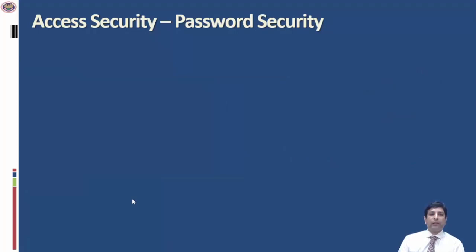So now let us look at the other aspect of security, which is password security. As we are all familiar, any application that we use requires a user ID and password. However, it is possible that the password can be a weak password. And in case a weak password is used in the ERP or in any other layer of the application security or the infrastructure security, then it could lead to a compromise of the systems.